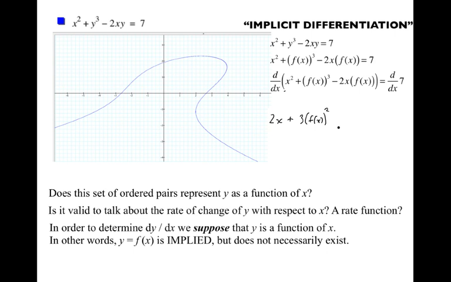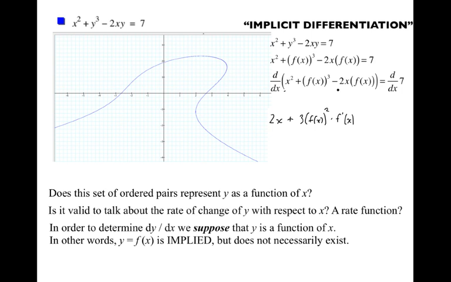The chain rule tells us we also need times the derivative of the interior, f prime of x. Now we have minus 2x times f of x. How do I take the derivative of that? What is its structure? It's a product. It's not the derivative of the first times the derivative of the second.